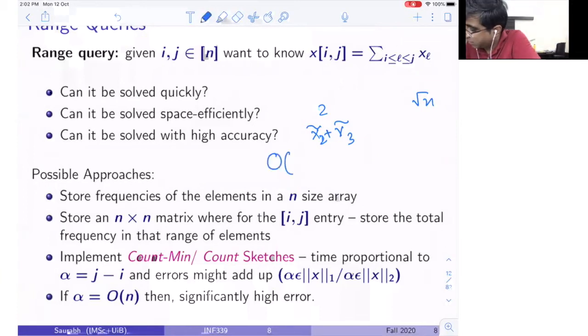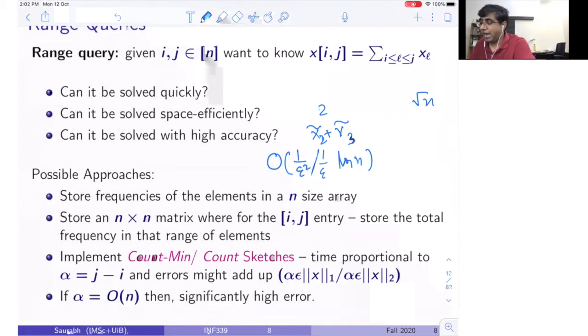Depending on which sketch we use, we will need either 1 over epsilon square or 1 over epsilon times log n per entry to find this x2 tilde. But the worst problem is that the error will now magnify.